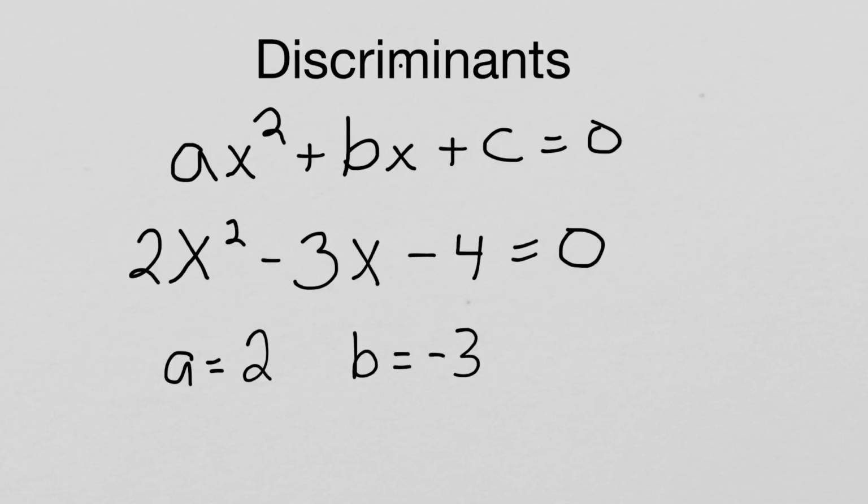The whole problem is going to be wrong if you make this just a 3. You got to be careful each time to get the negatives and positives right. And finally, C equals negative 4. For both these problems, you use the sign in front of them. All right, so A, B, and C. You've got to be able to read that correctly.